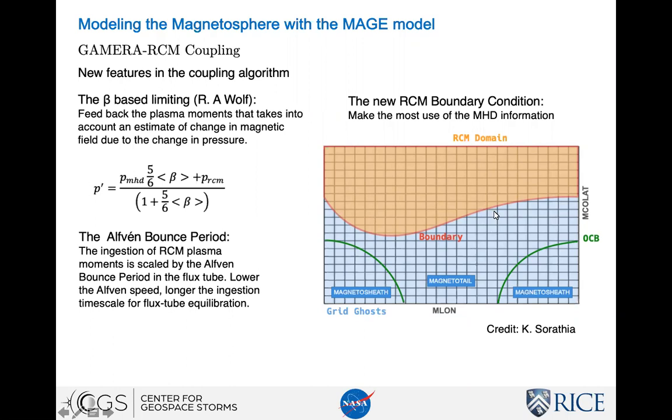This time, we tried a different update algorithm. We set the padded ghost cells with all the MHD data, which is a more aggressive way to make use of the MHD input. We compared the old run and the new run, and we find it is more dynamic in the inner magnetosphere.